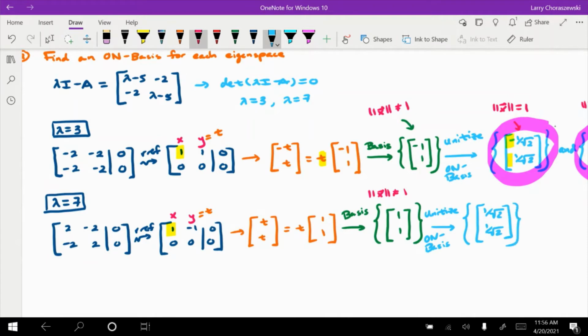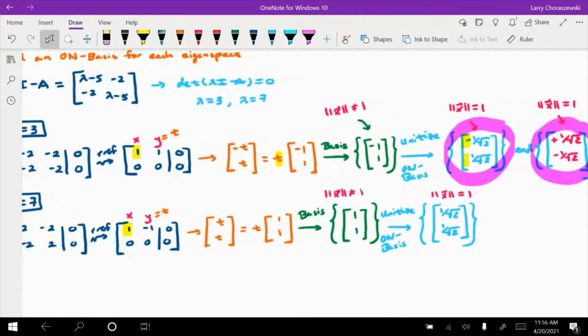This will ensure that the norm of the vector is equal to 1. But there's another basis vector with a norm equal to 1, and that would be a vector that has the opposite sign of each of these entries. So negative 1 over radical 2 and negative 1 over radical 2. Okay, that's another basis vector for the eigenspace that has a norm equal to 1.